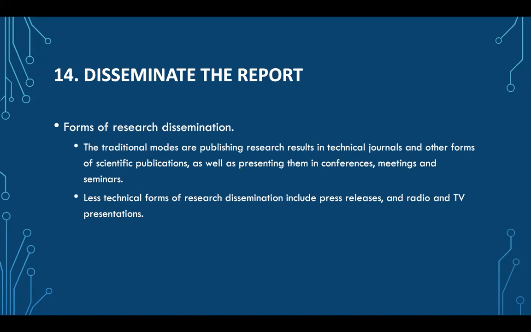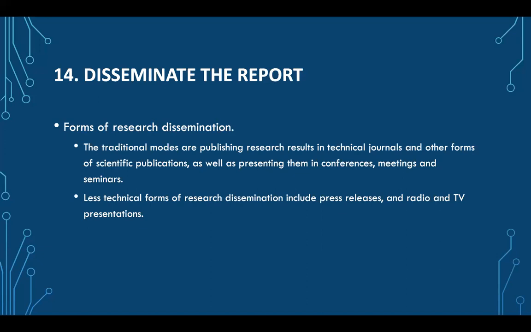There are many forms of research dissemination. The traditional modes are publishing research results in technical journals and other forms of scientific publications, as well as presenting them in conferences, meetings, and seminars.